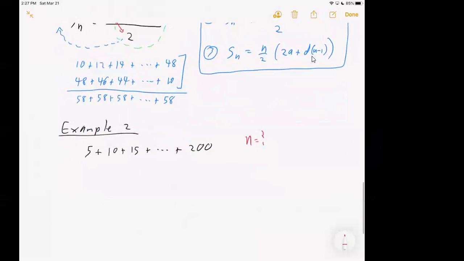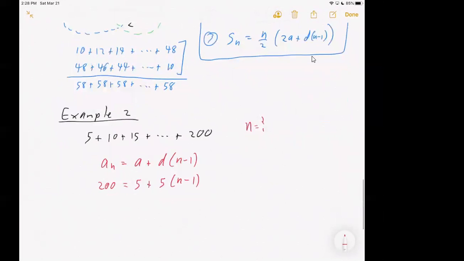So if I look at this, I can say a sub n is equal to a plus d times n minus 1. So the last term is 200, so we'll call that a of n. The first term was 5. The common difference is 5. And we'll have n minus 1.